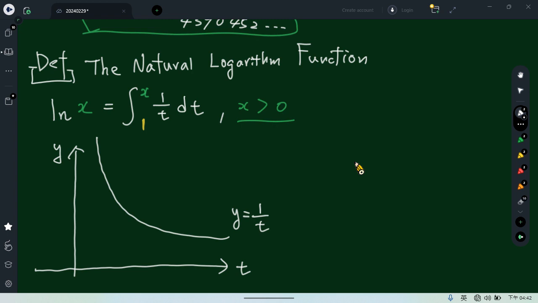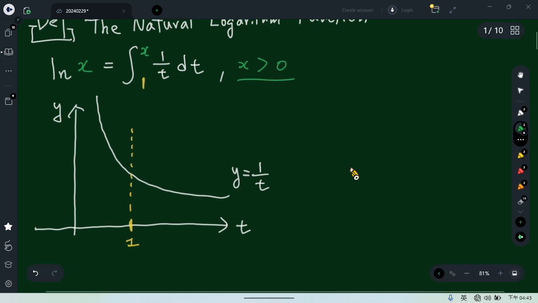We integrate starting from 1 and ending at x. This is the start point, and the end point is x, maybe here or maybe here, but x should be positive.